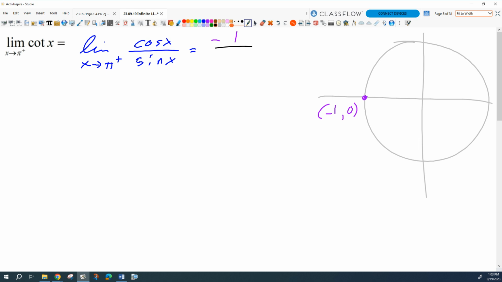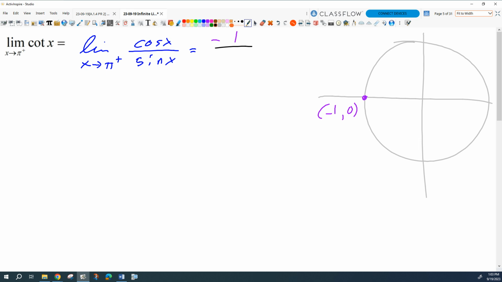Okay, so that's on the unit circle, it's tricky, isn't it? As theta or as x is approaching pi from the right, if the ant is walking on the unit circle, where is he as he approaches pi? What quadrant is he in? Yeah, he's in quadrant 3, isn't he? He's in here. Everybody see that?